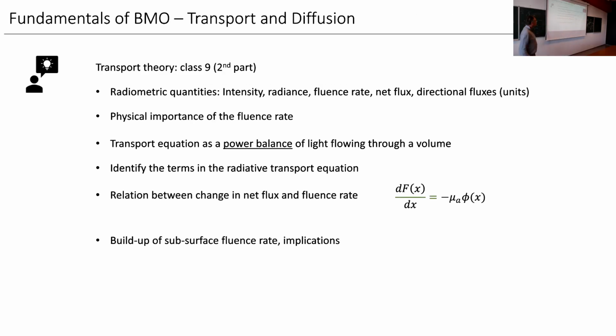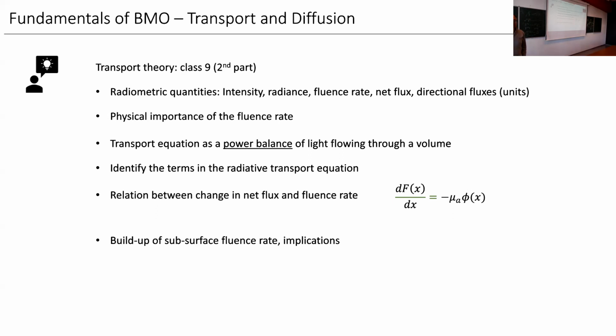Transport and diffusion. We didn't go extremely deep into that, so let's suffice it that these are the main points. You should be aware of the meaning, units, etc. of the quantities that appear in there. So the intensity again, the fluence rate as well.